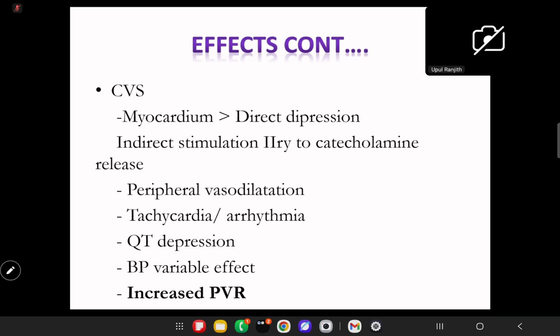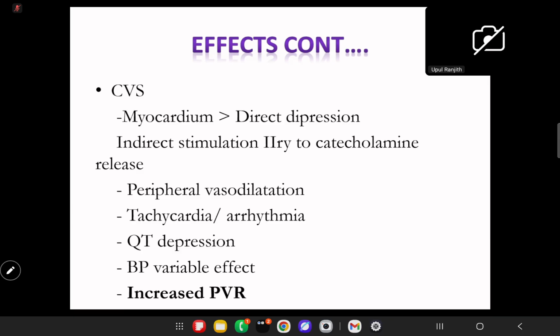Because hypercarbia causes release of catecholamine, which will increase the myocardial contractility and the heart rate, both heart rate and contractility will be increased by catecholamine. So therefore, indirect stimulation, but direct depression is there in the myocardium. So the net effect will determine the degree of depression or stimulation, depending on the severity of the problem.